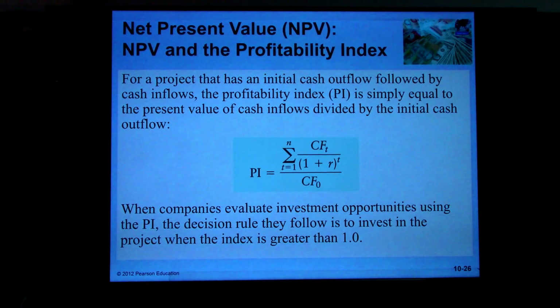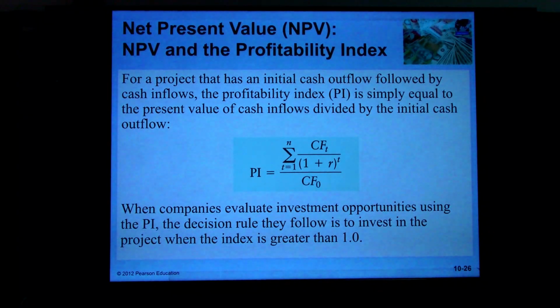The third approach for comparison between different projects is called the profitability index. Actually, profitability index مؤشر الربحية. مؤشر الربحية is simply equal to the present value of cash inflow divided by the initial cash outflow. يبقى the profitability index, P capital I capital, PI is equal to the PV of cash inflow divided by the initial outflow.